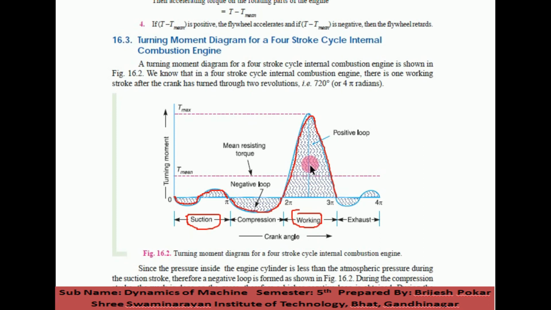The last stroke is the exhaust stroke, where the piston has to do some work to push the burnt gases outside. That's why it is first negative and then positive. So this is basically the T theta diagram for a 4-stroke internal combustion engine.